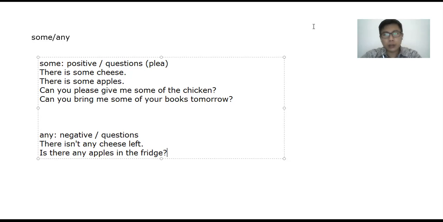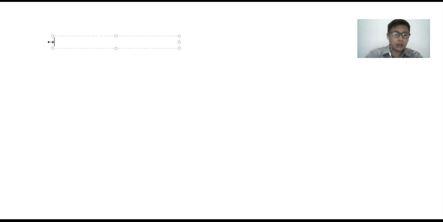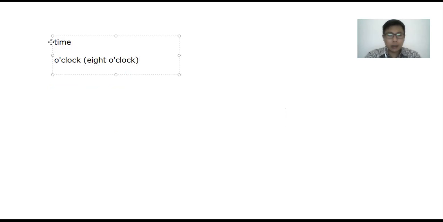Now we'll move on to the clock, to time. Okay. There is a clock. We say this in the right time, for example, like 8 o'clock, right? 8 o'clock. But we also say it past. But if we say past, we need to add something at the back of the word past, either it's half or quarter.